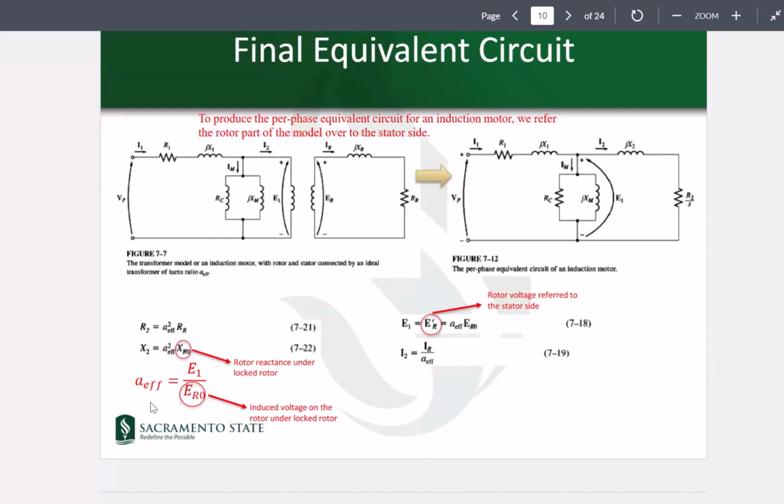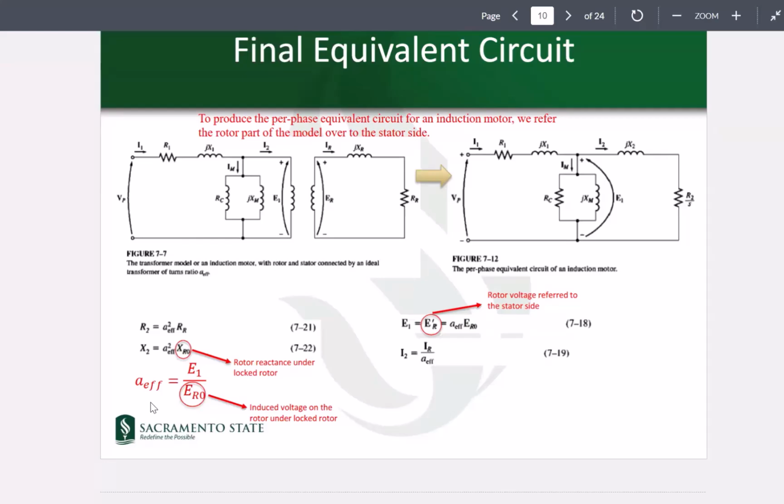A effective is defined as E1 over ER0. What is ER0? ER0 is the voltage here under blocked rotor conditions. So this ratio, E1 over ER0, is called A effective. And with respect to that A effective, these R2, X2 components are defined.